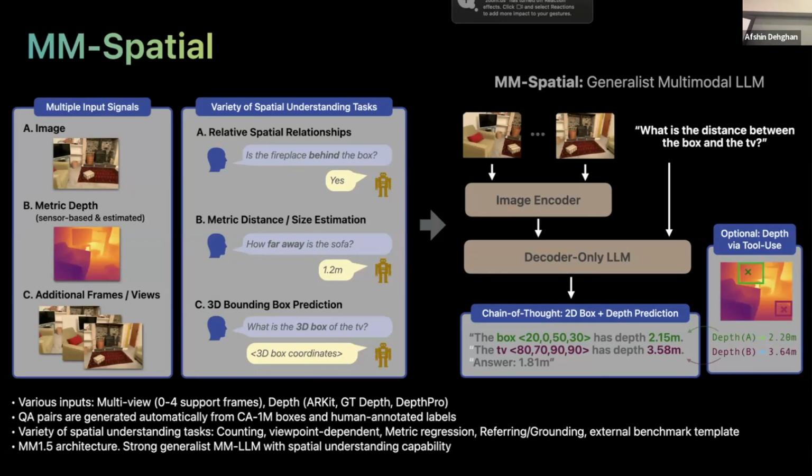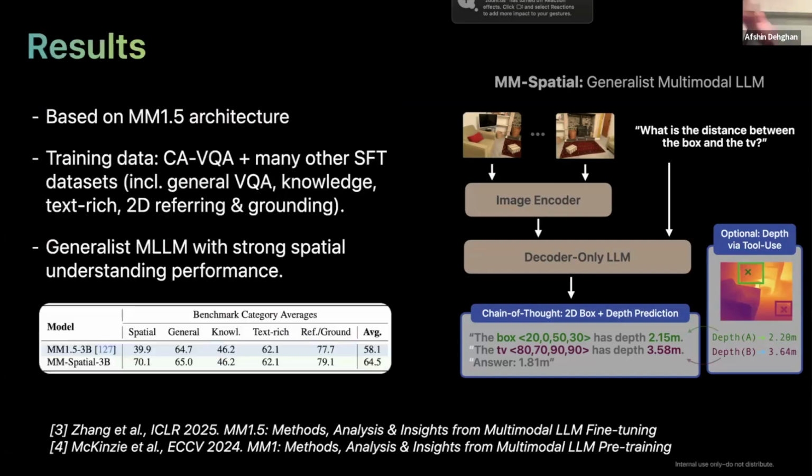For example, when we ask the model to give a response about depth, we use chain of thought or we use tool use. We can ask the model to use some of these great tools that we have, like metric depth, to get the depth of the bounding box that we are asking questions about. I'm going to talk about these in more detail on this slide right now.